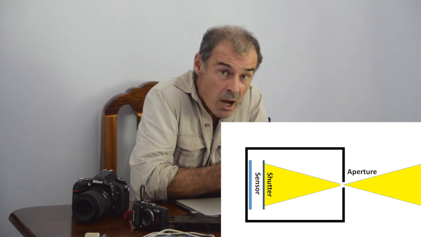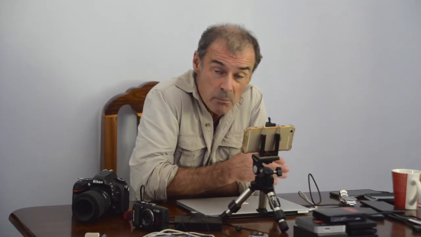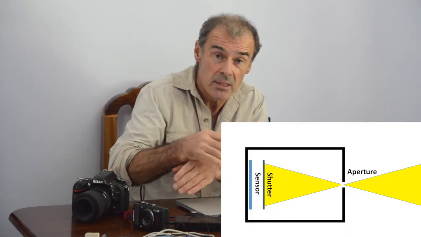Now, nowadays there are also electronic shutters, but I'm not going to complicate the issue by talking about them at the moment. The principal mechanism is very different, but what they actually achieve is fundamentally the same. So we'll think of mechanical shutters because they're easier to visualize. They close in front of the sensor, blocking off light.